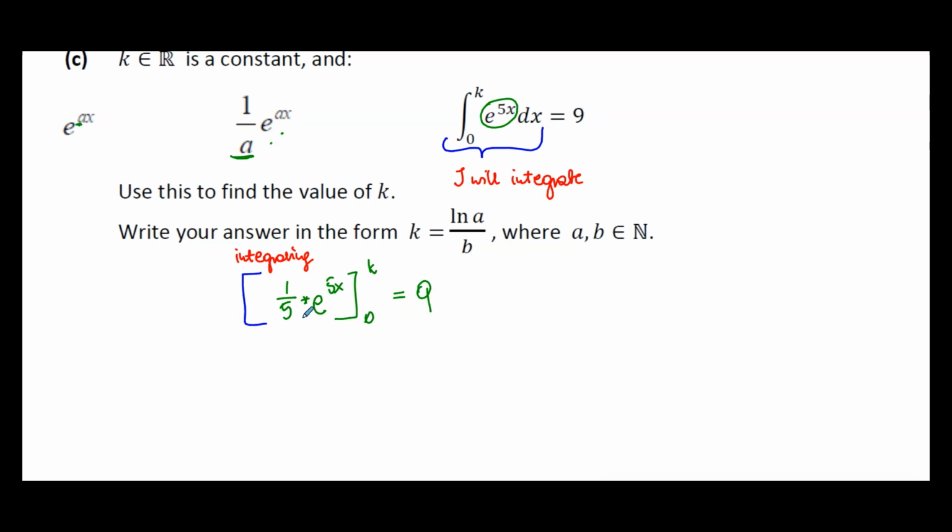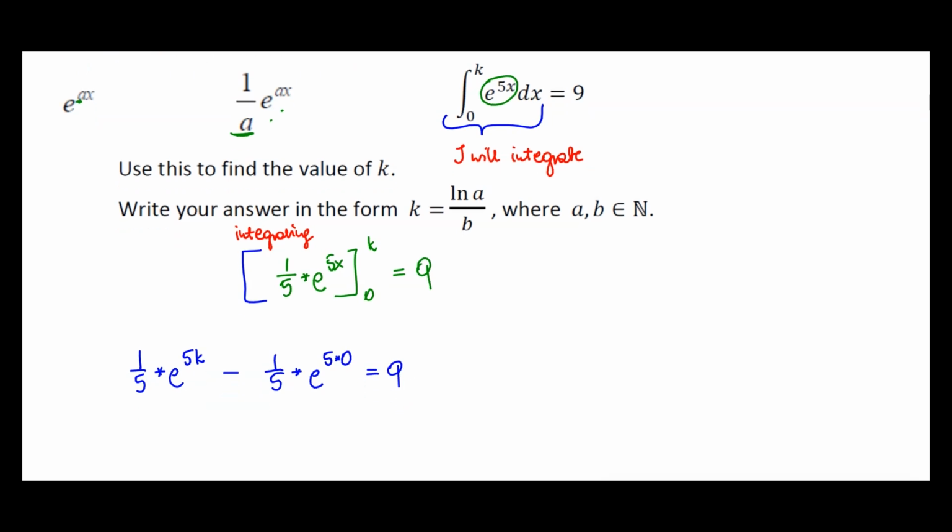We take our integrated function, we replace x with the higher interval, minus, again the same function, and we replace x with the lower interval. So in this case, 1 over 5 multiplied by e to the power of 5k, minus, again our function, 1 over 5 multiplied by e to the power of 5 multiplied by 0, equals 9.